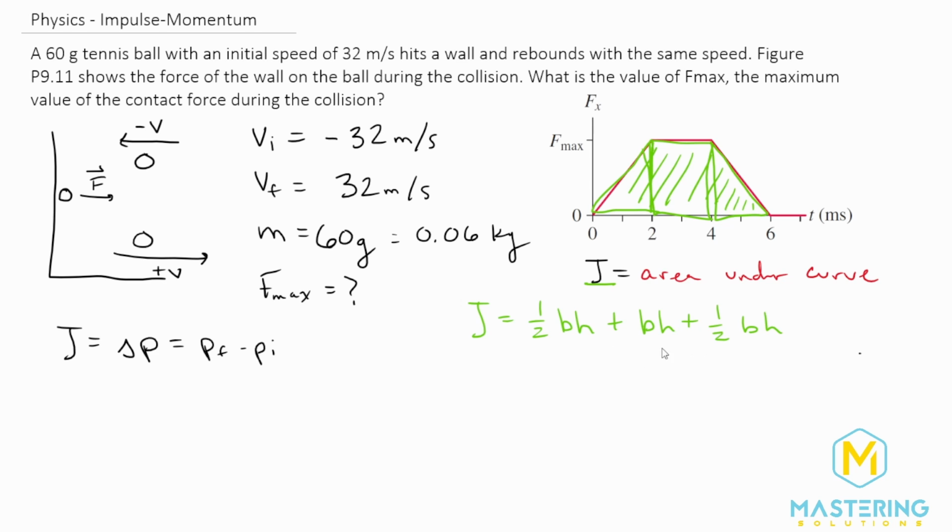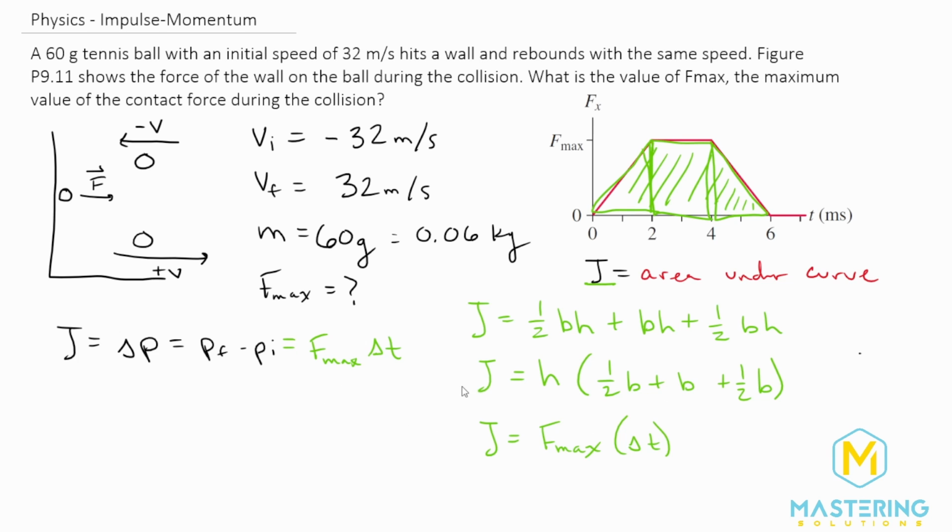So now if we pull out the h of all these, J is equal to h times 1/2 base plus 1/2 base. So for this, the h that we're referring to, the height, is the Fmax, and the base is the change in time. Fmax times the change in time is the other definition of impulse.